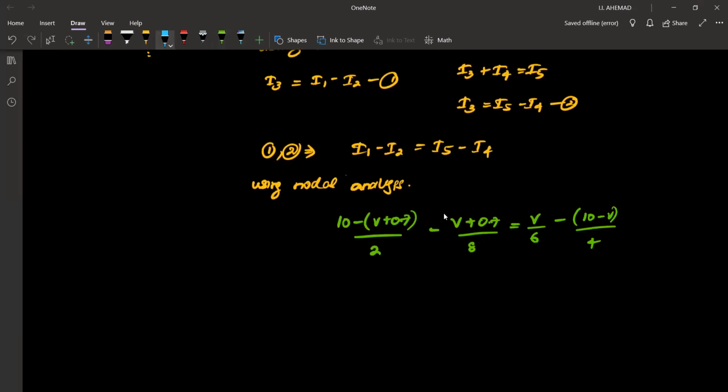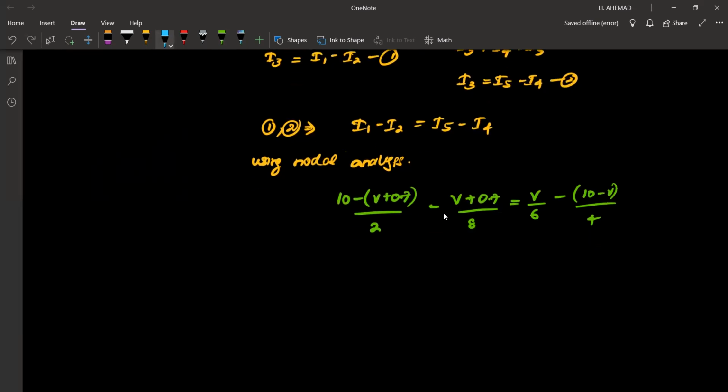Let's simplify. What is the least common multiple here? 24, right?